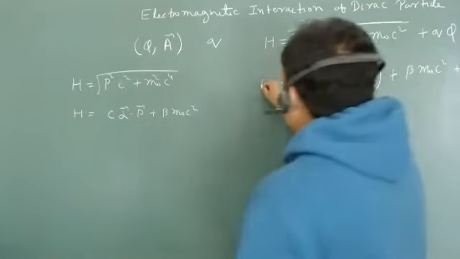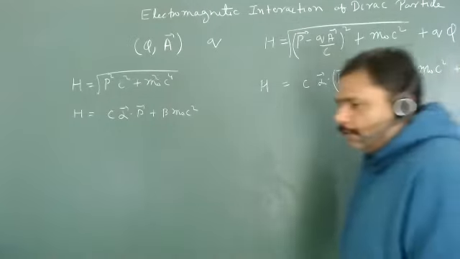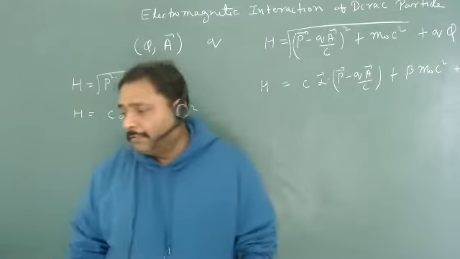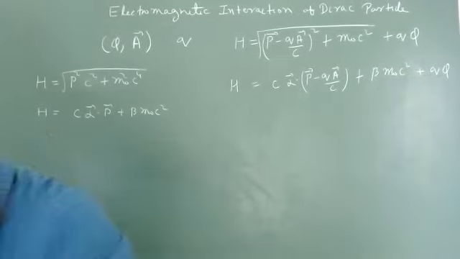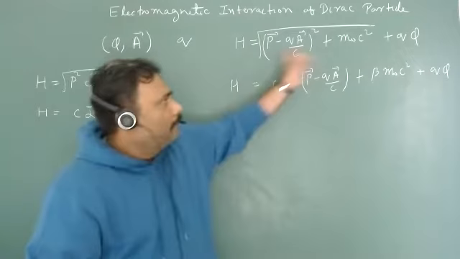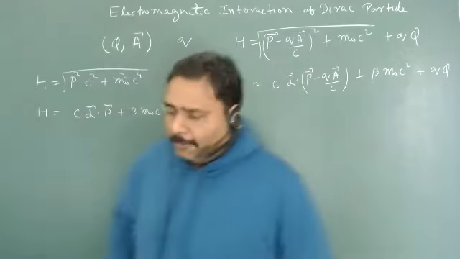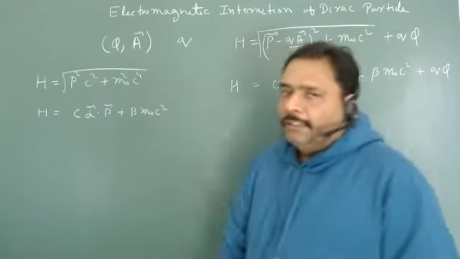This Hamiltonian is equivalent to your Dirac Hamiltonian. A 5 marks question was asked, I think 2 or 3 years back, in your NET examination. They just gave this and you had to write this one. It's quite simple, but you have to understand how things change.